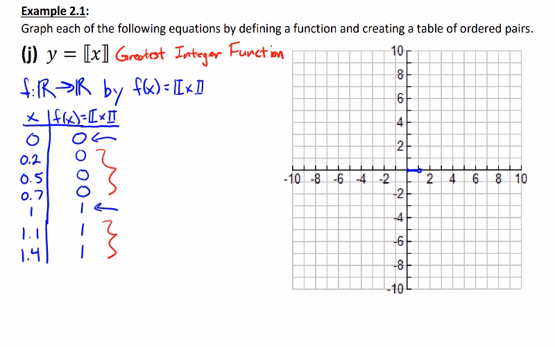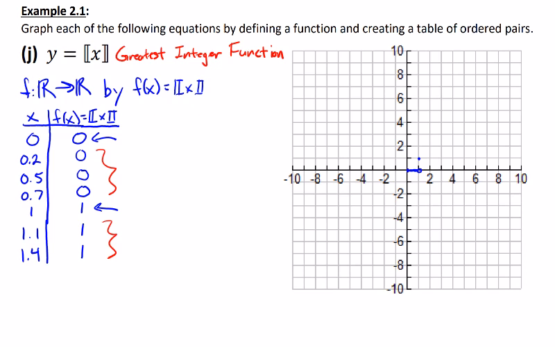Then I go to the next set of entries, and all of those entries end up rounding down to 1. So the first of those would be 1, which doesn't really round down, it just maps to itself, because there's no rounding that's needed for 1, that first point, 1, 1. And then any of the other 1.1, 1.2, 1.3, 1.4, those would also map to 1.